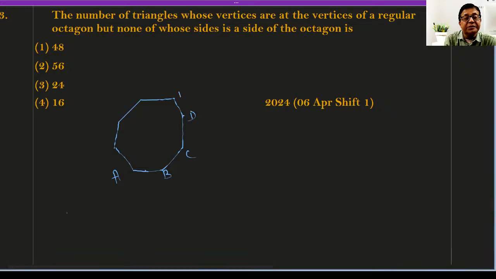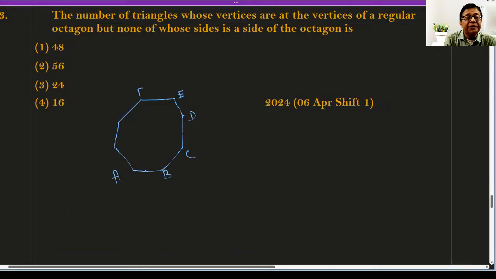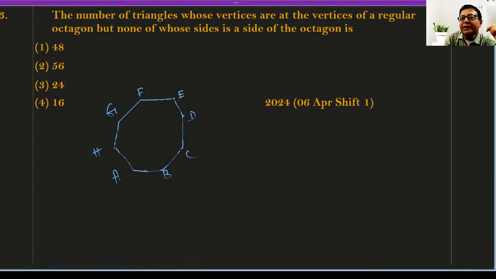I am writing all the vertices first. E, F, G, H. So what kind of triangle are they talking about? They are talking about, say, this vertex you have taken, and then these two vertices.